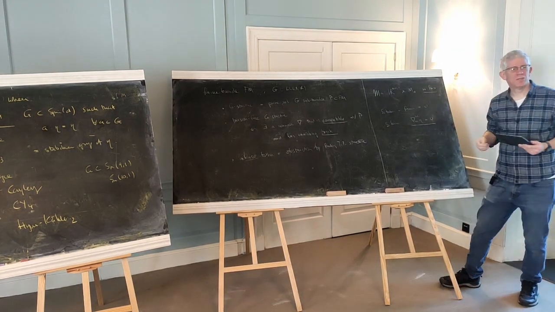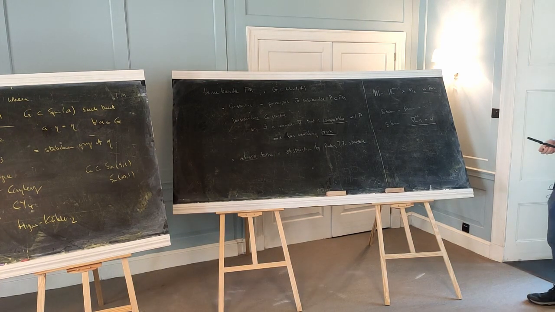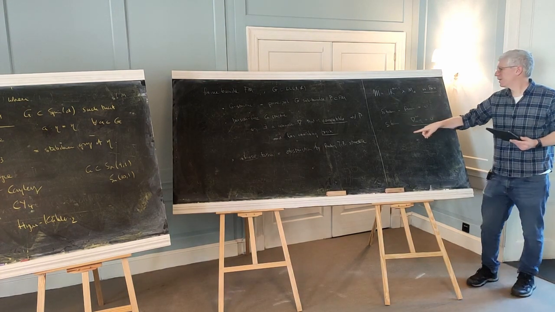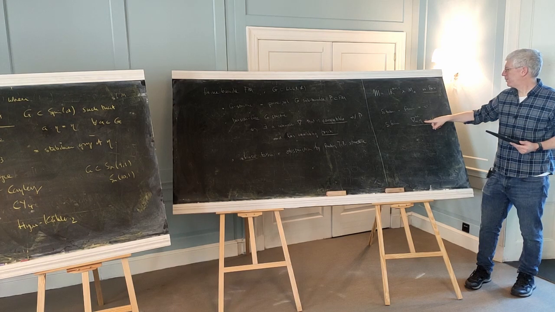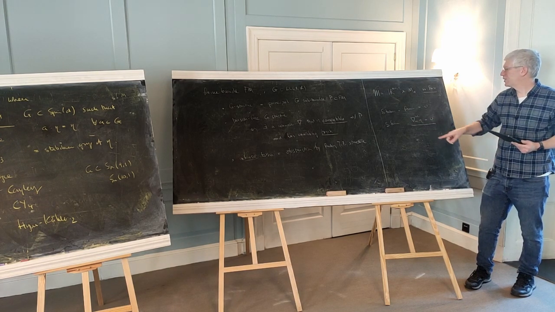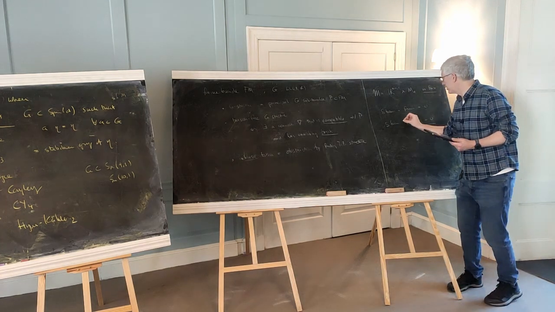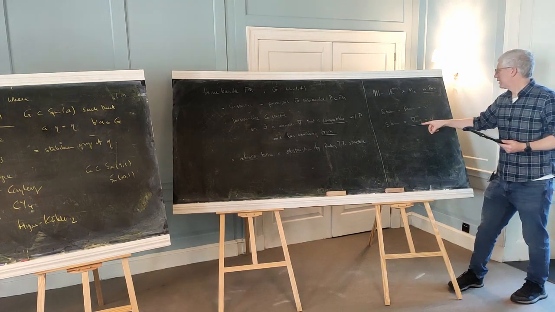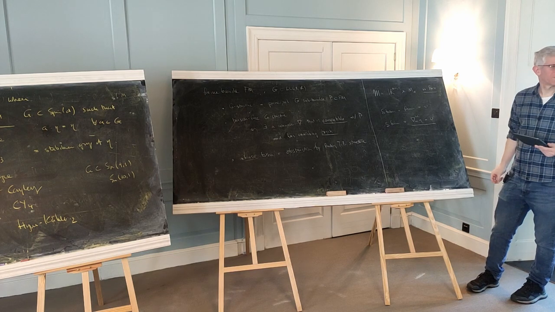So these are backgrounds that are purely metric. You write down the variation of the fermions. They depend on a parameter, which is the supersymmetry parameter, and they depend on derivatives of that. In general, if the variation of the fermions is going to be 0, that tells you that this derivative has to vanish.